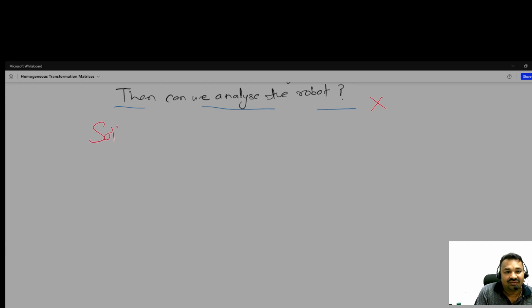The solution here is to make or to convert the matrices into square matrices.